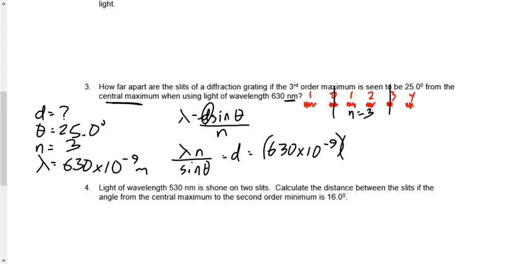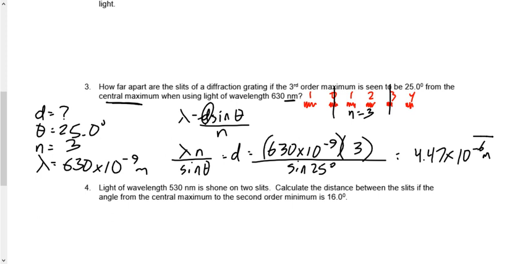630 times 10 to the minus 9 times 3 divided by sine 25 degrees. Make sure you're in degree mode, as always. We get 4.47 times 10 to the minus 6 meters. Now, 10 to the minus 6 is pretty common for a d value.